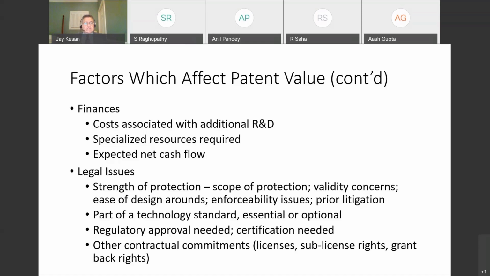Also, legal issues are very important. For example, what is the scope of protection? In other words, is this a narrow patent on a narrow technology, or is this a broad patent that is basically widely applicable? So you might have a bucket with a handle and a lid and a spout.